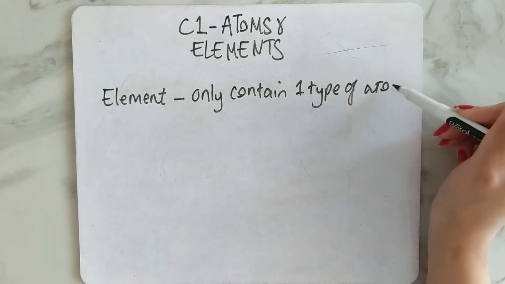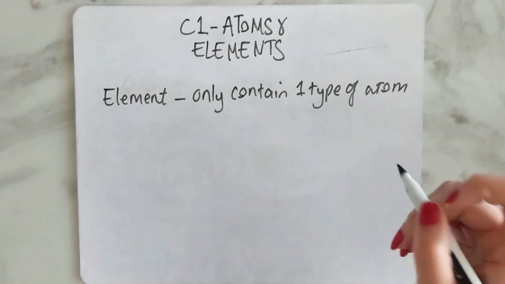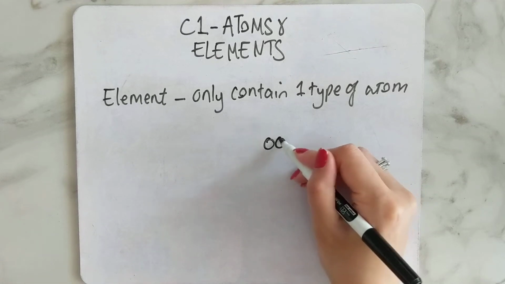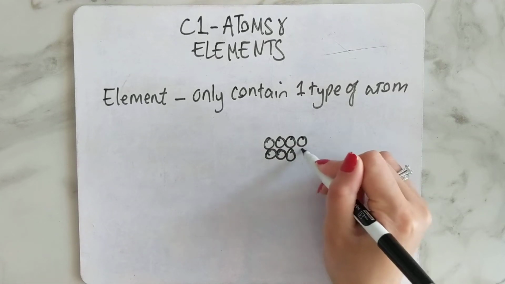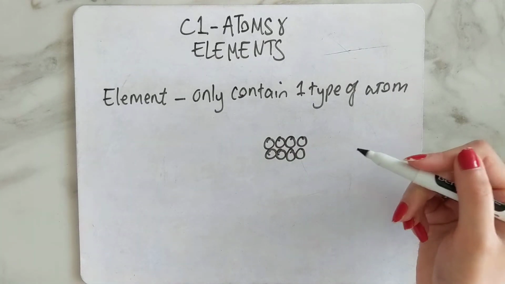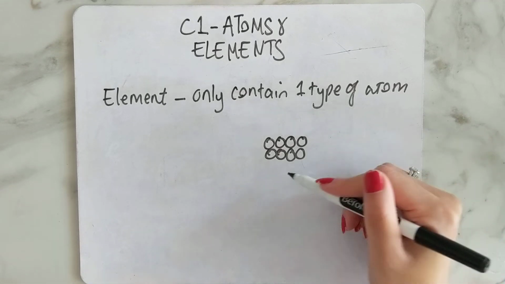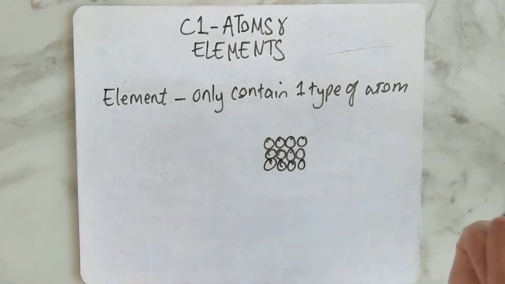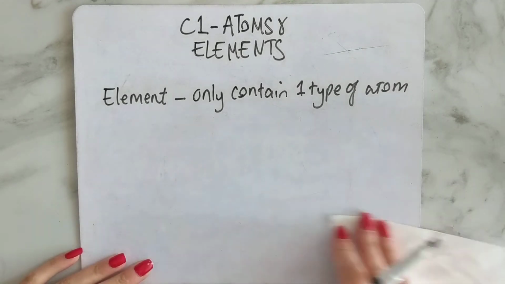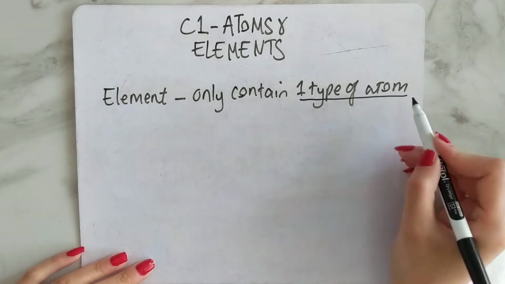So for instance, let's say magnesium. Magnesium is only made up of magnesium atoms. There's nothing else in there. There's no silver, there's no gold, there's no carbon, nothing but magnesium atoms. And it's the same for every other element on the periodic table. They only contain one type of atom.